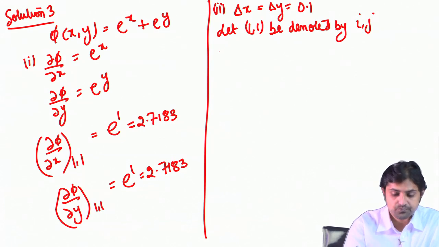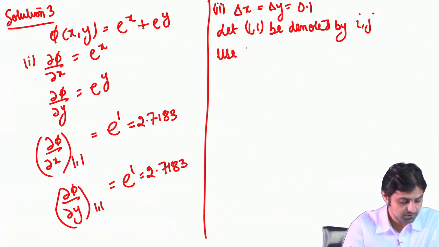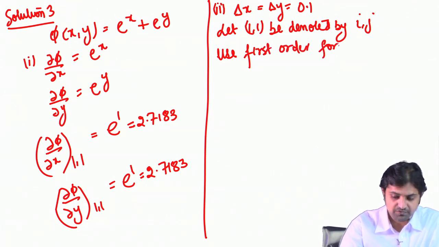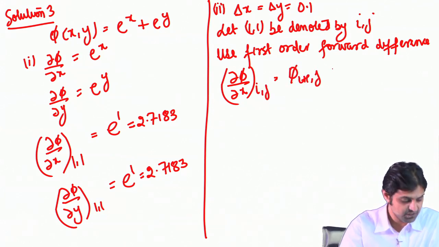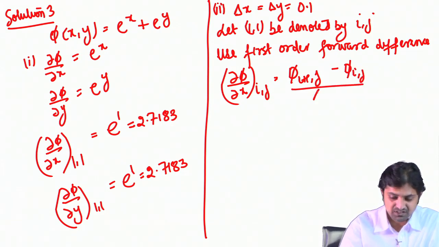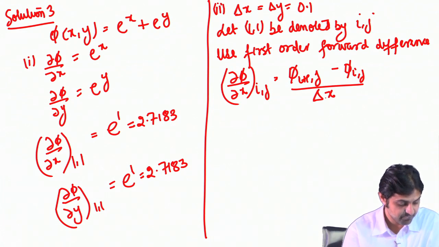Okay, and if we use first order forward difference, del phi del x at i comma j can be written as phi of i plus 1 comma j minus phi i comma j divided by delta x.